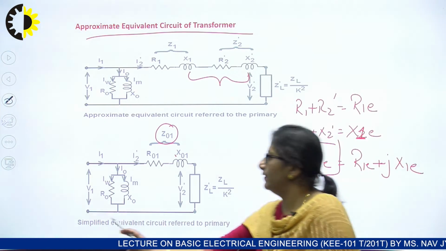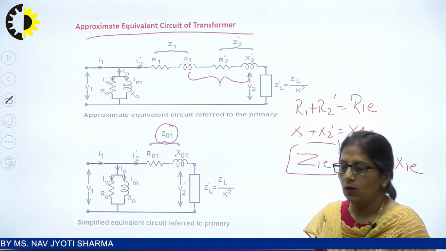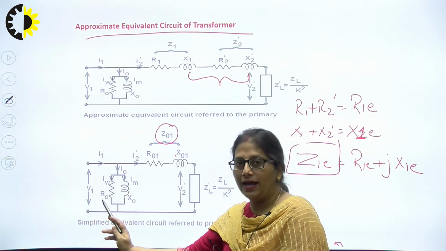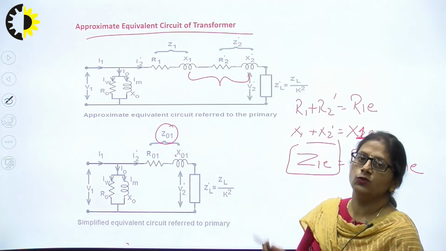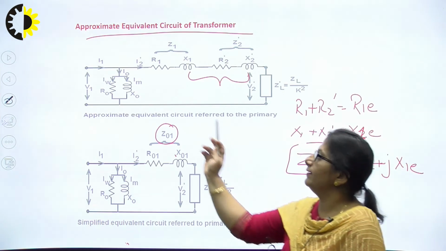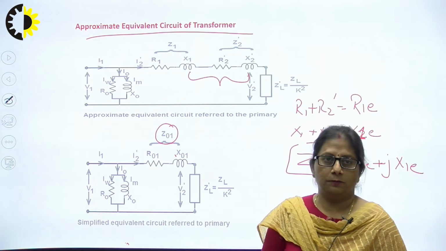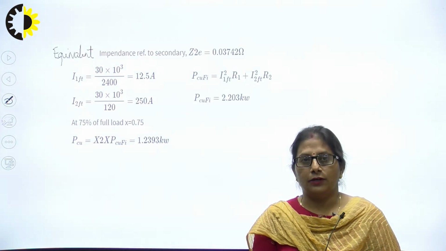So this is the simplified equivalent circuit of the transformer referred towards primary, where the primary circuit is as it is. We have shifted the no load circuit prior to R1 and X1 so that R1 and X1 can be combined with R2 dash and X2 dash, so that the equivalent impedance of the transformer can be derived. Now this is all regarding the equivalent circuit of the transformer.